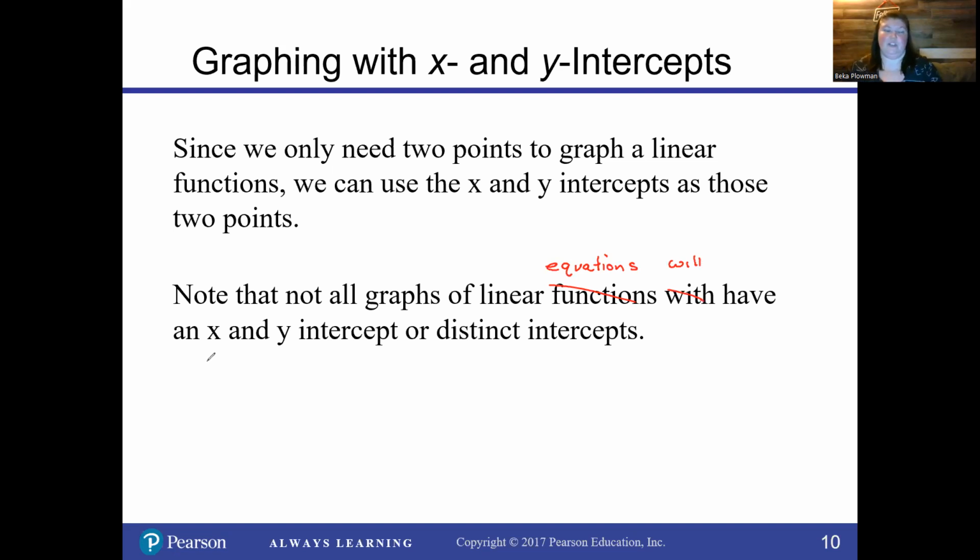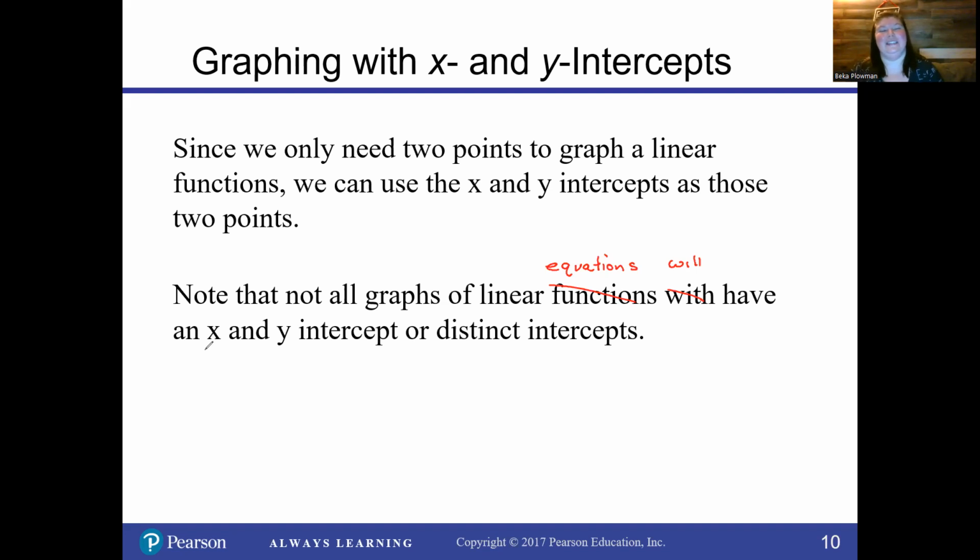We'll see later that we're going to have vertical and horizontal lines. Those will only intercept either the x-axis or the y-axis. They will not intercept both, unless they happen to be an axis.